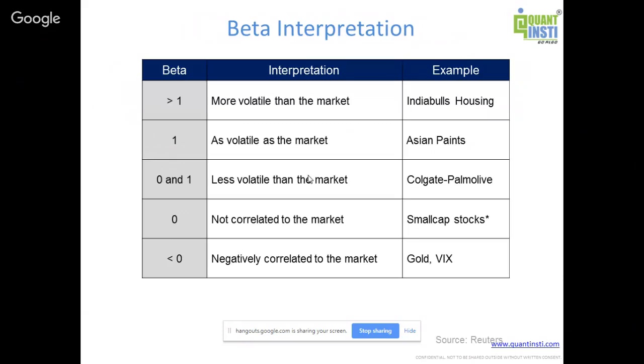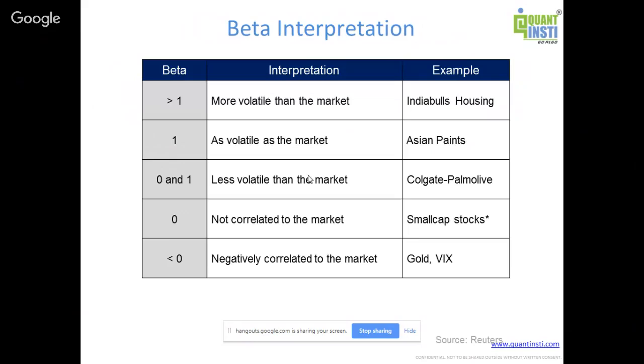So a beta greater than 1 means it's more volatile than the market. If the market moves by 1%, the stock typically moves more than 1%. A typical example of beta greater than 1 stocks is Indiabulls Housing Finance, Just Dial, Adani, Yes Bank. If the index moves 1%, those stocks will be 2, 3, 5% up.